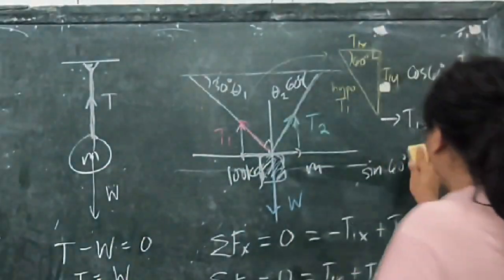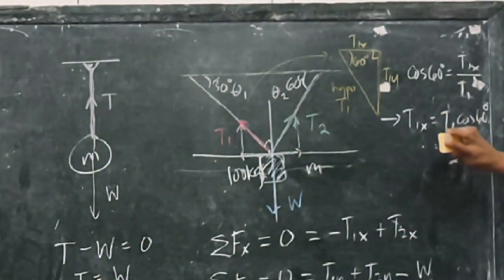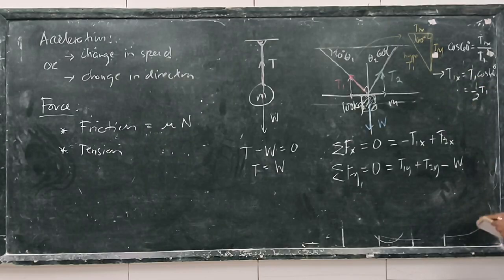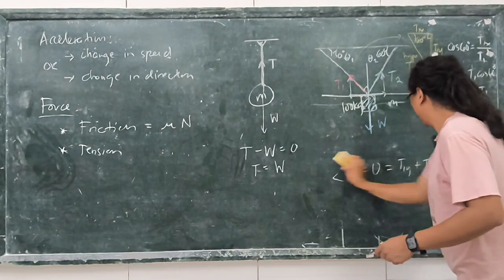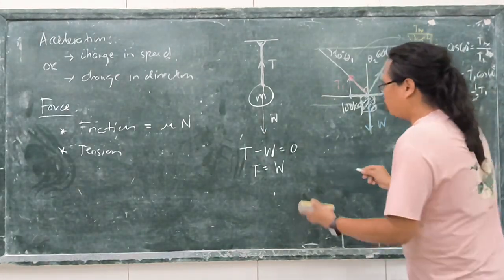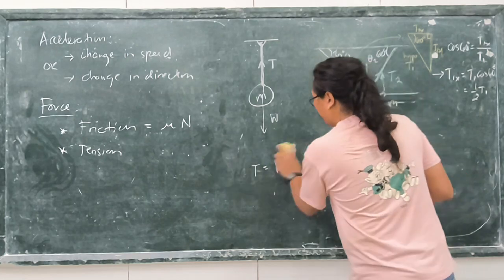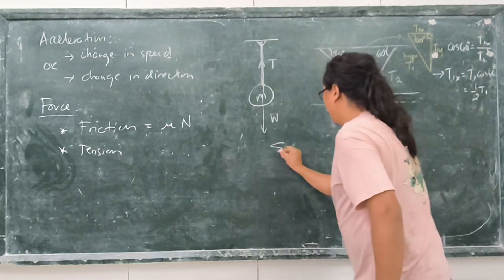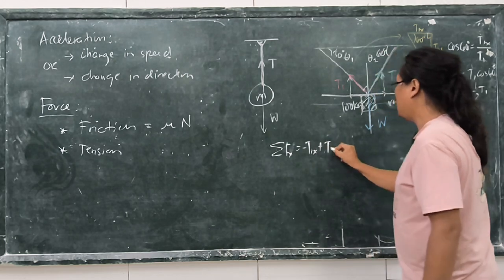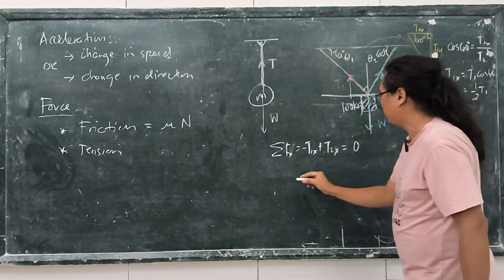I'll erase this now. Anyway, take note. So, these equations: the summation of forces along x is minus T1x plus T2x equals 0.